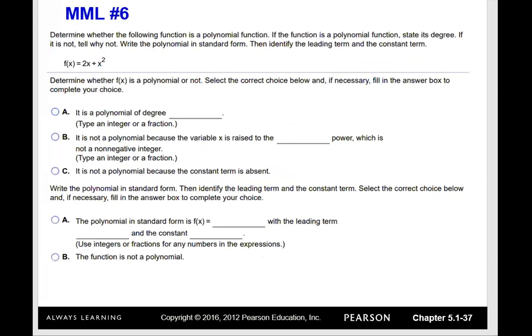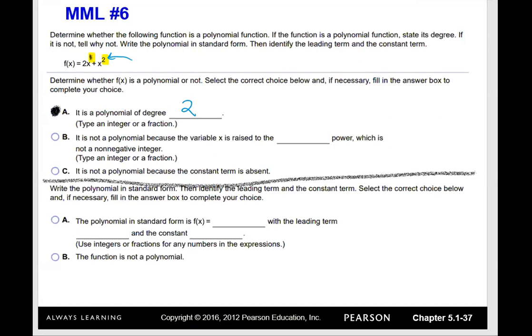Number 6, determine whether the following function is a polynomial. If the function is a polynomial, state its degree. If it's not, tell why not. Then write it in standard form and identify the leading term and the constant term. Okay. It's a polynomial function because it's got an x squared and then an x, with an invisible 1 right here. So I'm clicking on that. And then it has a degree of 2. Then the next question pops up: write the polynomial in standard form.